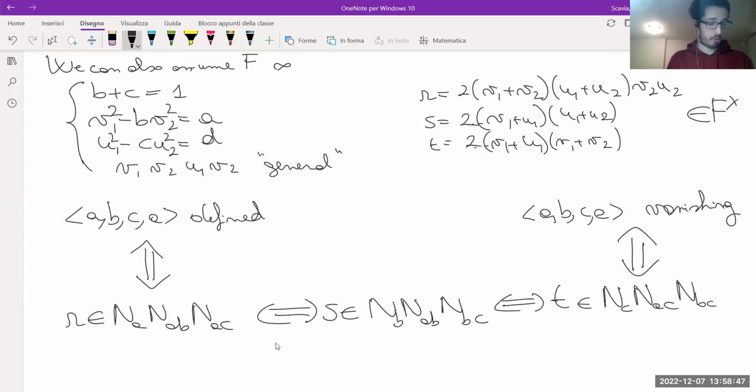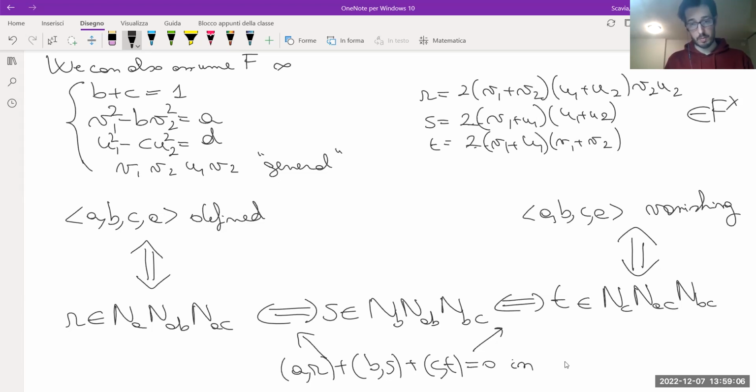Now just very briefly, the way these three numbers are defined, they satisfy this very symmetrical relation: AR plus BS plus CT is 0 in the Brauer group.